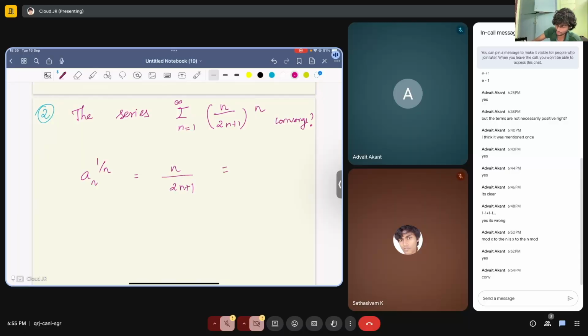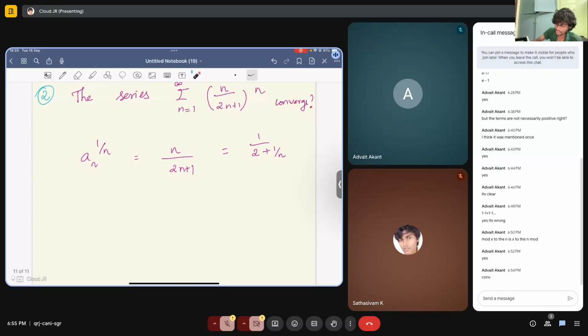And you can write it as 1 by 2 plus 1 by n, because I'm basically multiplying and dividing by n on both terms. When you do that, this tends to 1 by 2, which is less than 1. Now you just apply the Cauchy root test, and then you will get it.